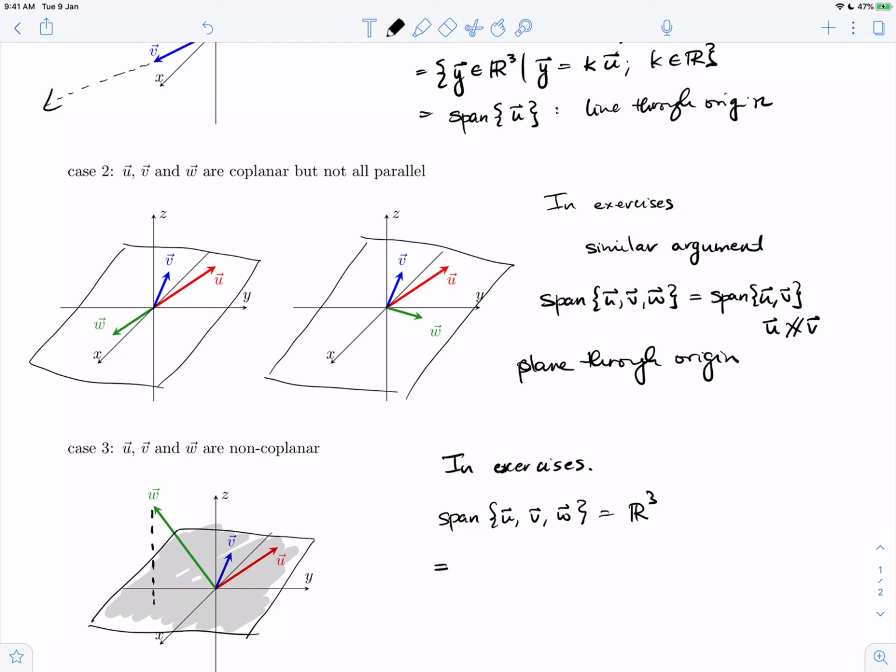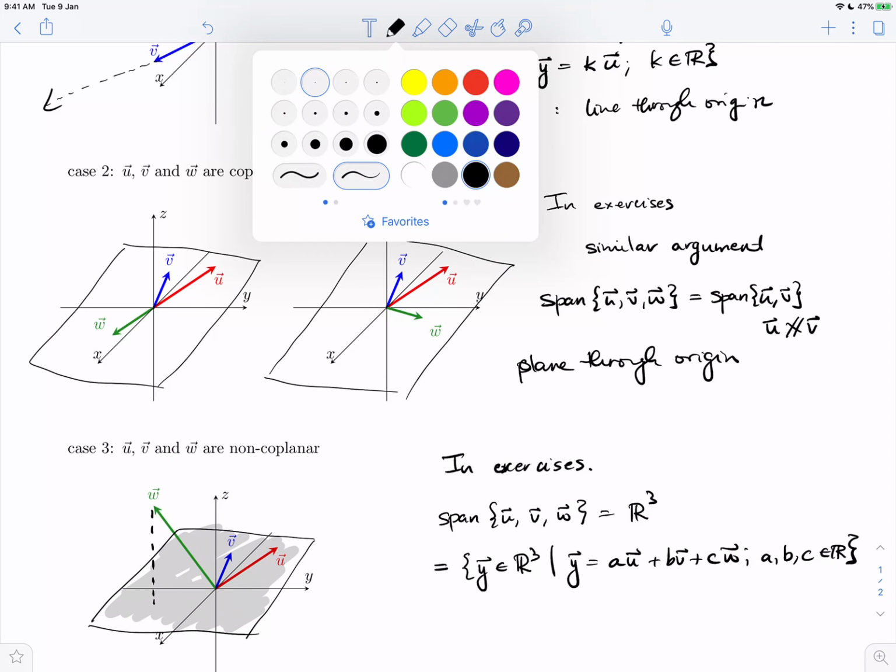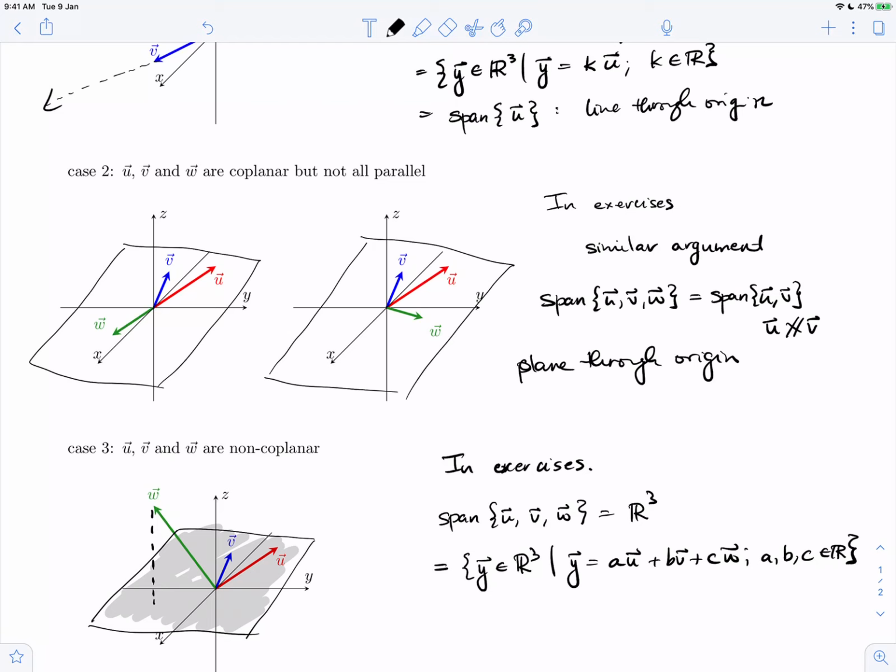So this is defined as the span of vectors u, v, and w is all vectors y in three-dimensional space such that y can be written as a linear combination a u plus b v plus c w for scalars a, b, c in R. So let's just take a second to imagine, what if we were talking about the case, for example, where a, b, and c were just one?